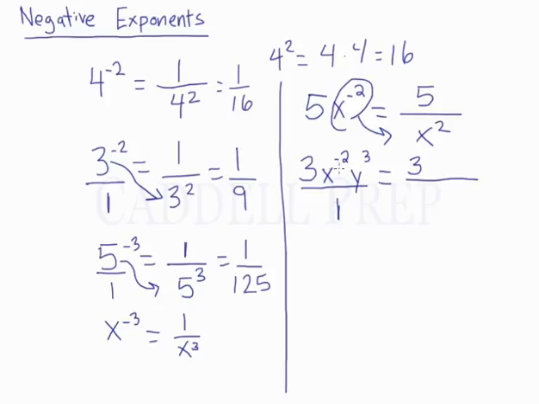The negative 2 means move it to the denominator. So we have x squared in the denominator. And y cubed, that's a positive exponent. So we just keep it where it is in the numerator. So this term had to come down. These two terms stayed where they were.